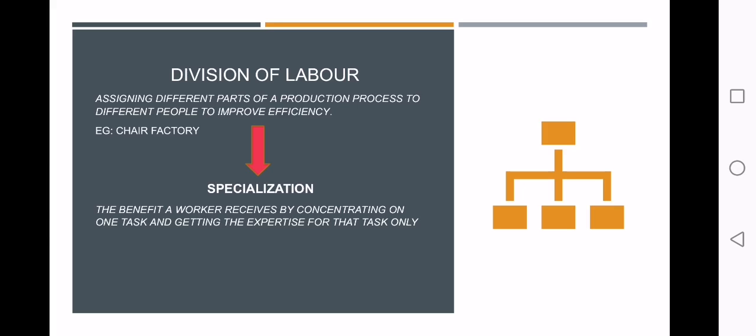When this division of labor takes place, there's something called specialization happening. Specialization is the benefit a worker receives by concentrating on one task and getting the expertise for that task only. Earlier all the people used to make chairs, but now there's one guy cutting the wood, one guy painting, and the guy who cuts the wood can cut it better than anyone else, and the guy who paints is the best painter, because that's all he does.